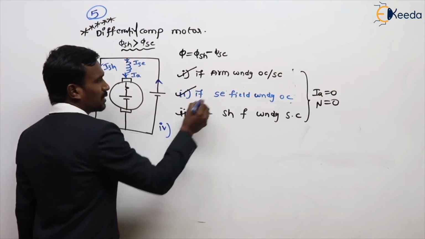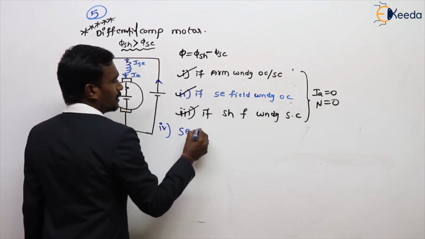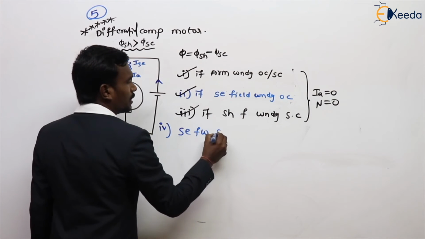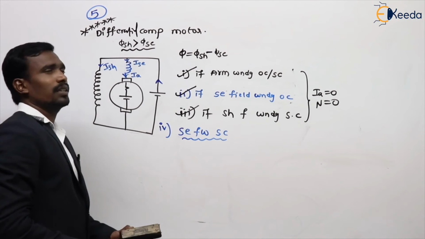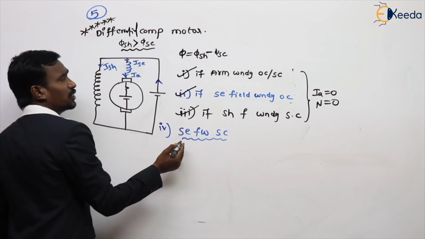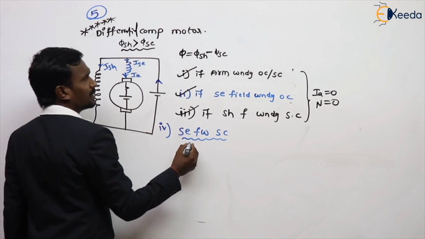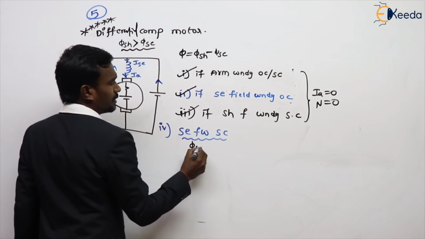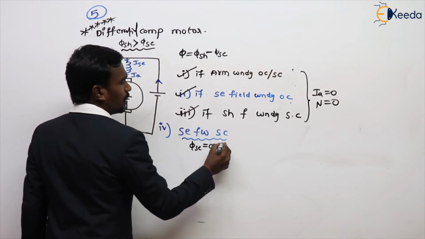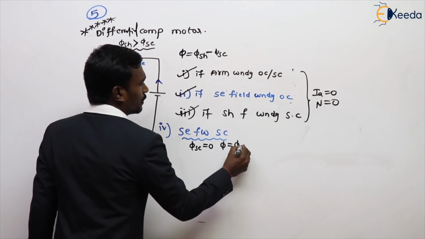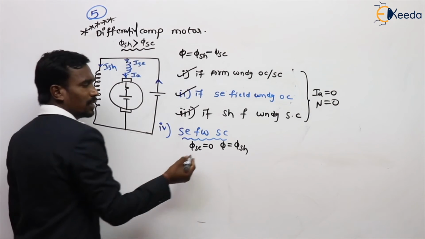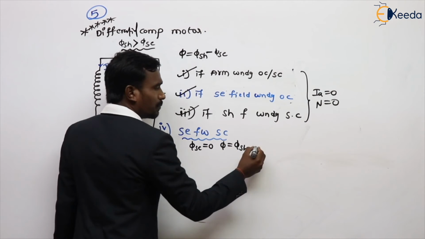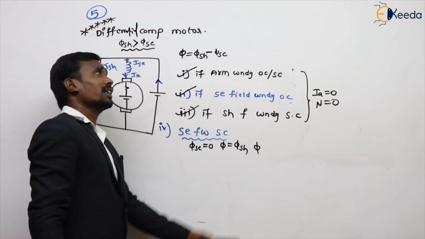One case is that, first of all, if the series field winding is short circuited, what happened? If the series field winding is short circuited, then what happened, sir? Tell me. Phi SE is equal to 0. Then the flux is equal to only phi SH. Only phi SH, nothing but the maximum quantity. The minimum quantity is 0. Nothing but the total flux increased.